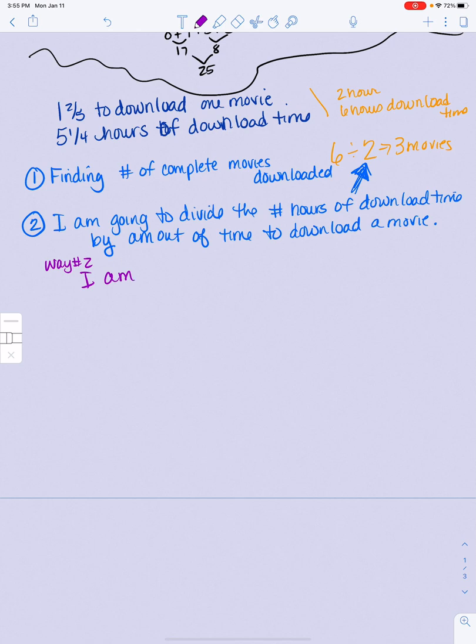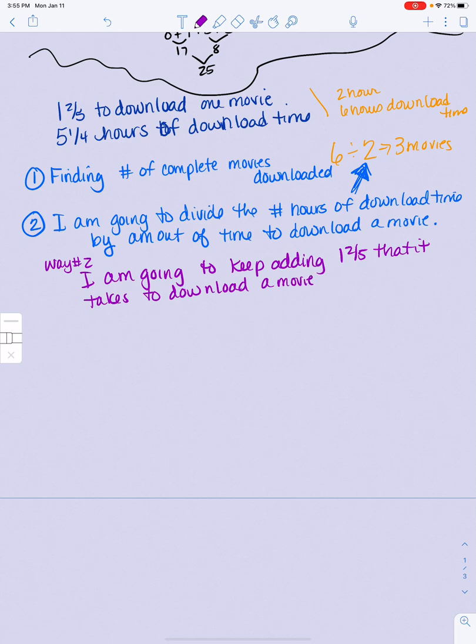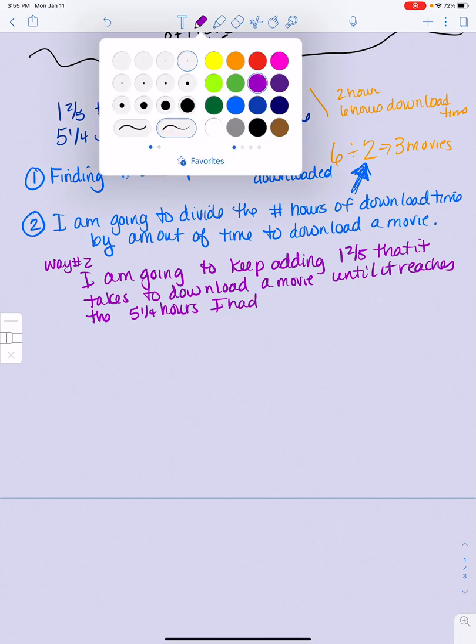I am going to keep adding the 1 2/5 that it takes to download a movie until it reaches the 5 1/4 hours I had. Now, I'm going to show both of these.